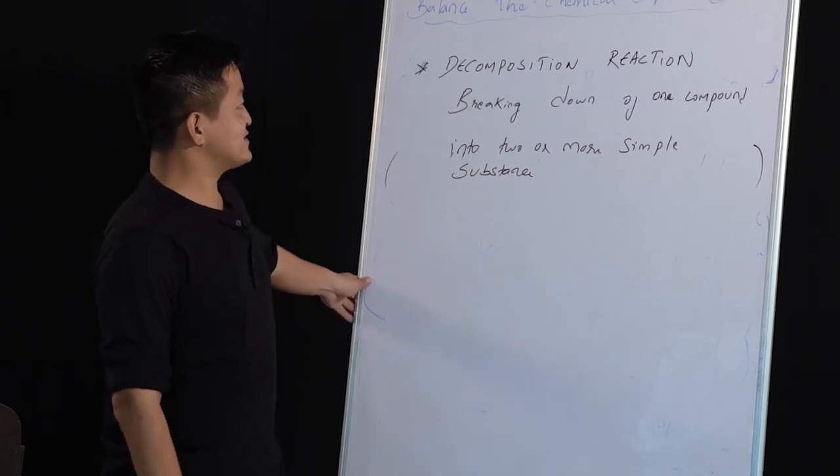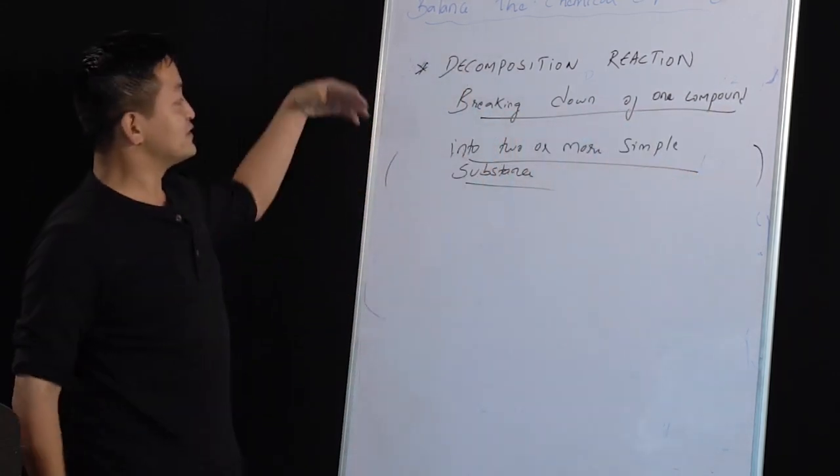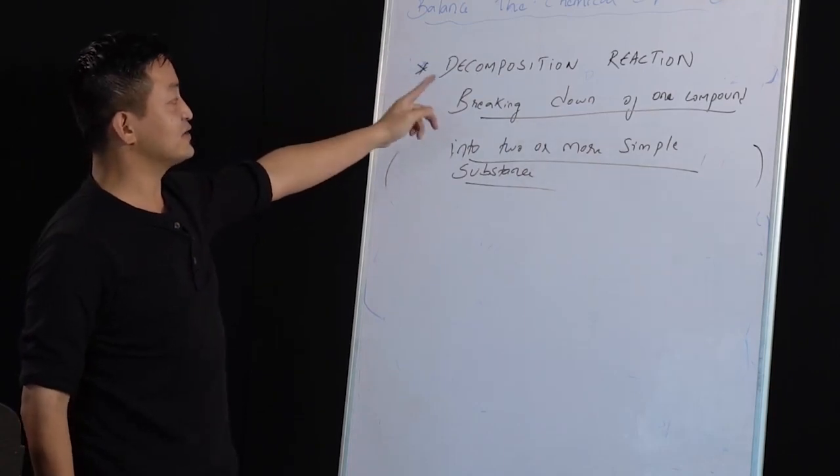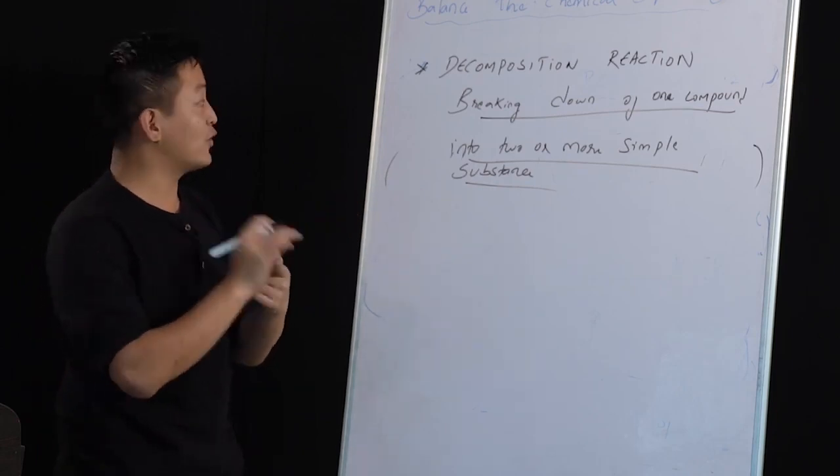If you just read this definition, breaking down of one compound into 2 or more simple substances, this is just the opposite of combination.